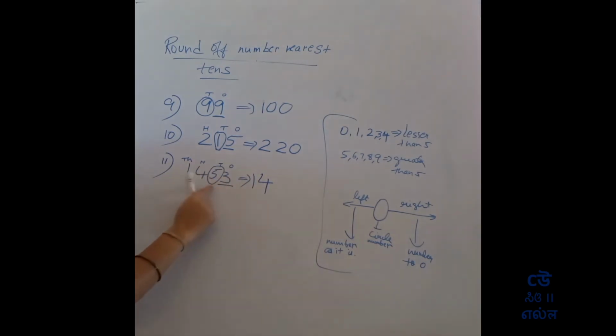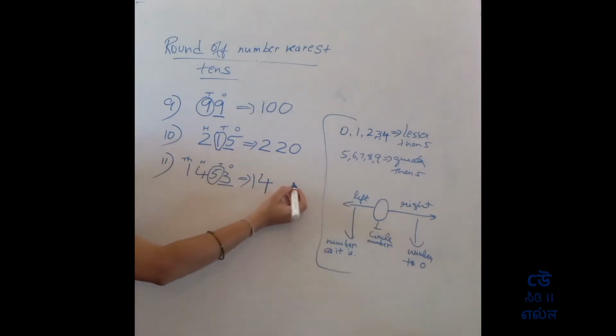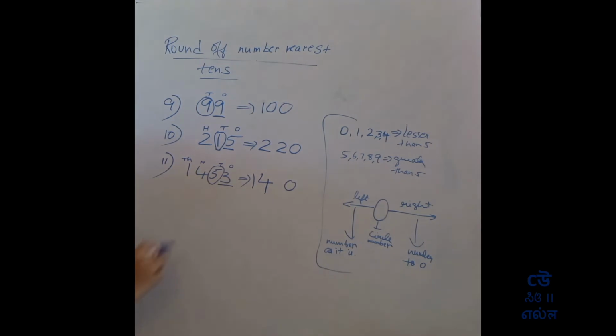Next, after the circle number we have the ones place value on the right side. So we have to change that number to 0. So in the tens place, as I told you, we have 3. 3 is lesser than 5. So it remains the same. Okay. The number remains the same.